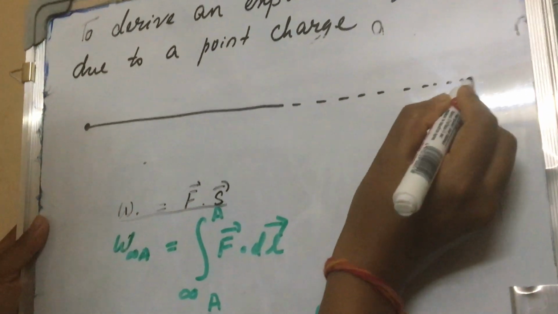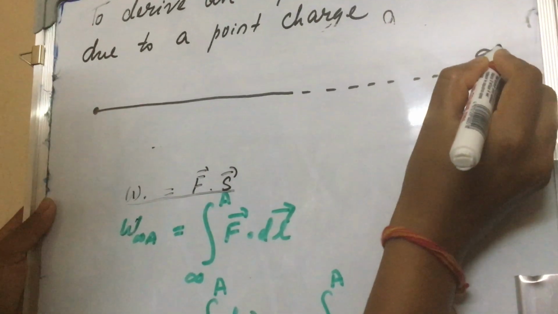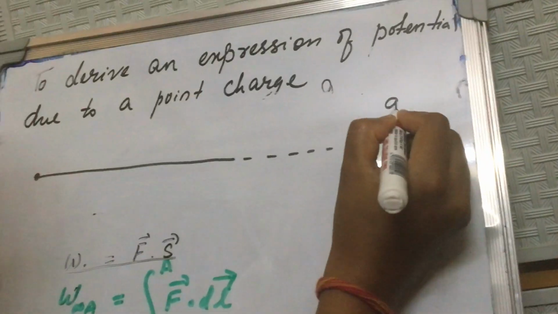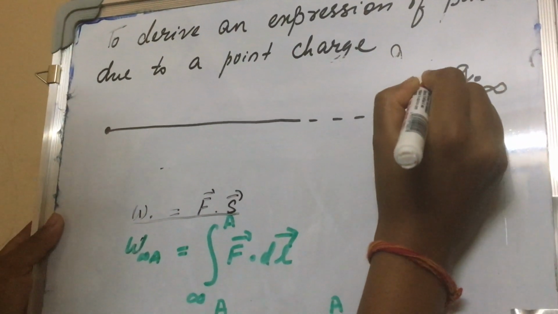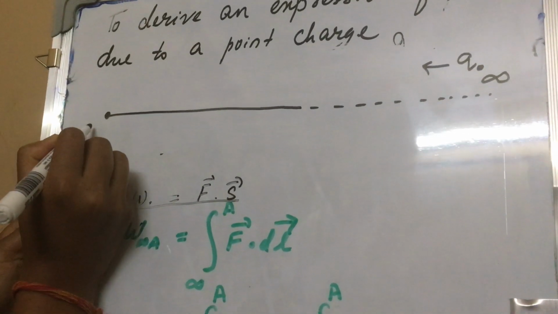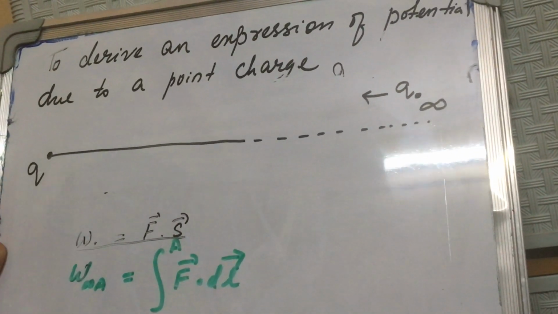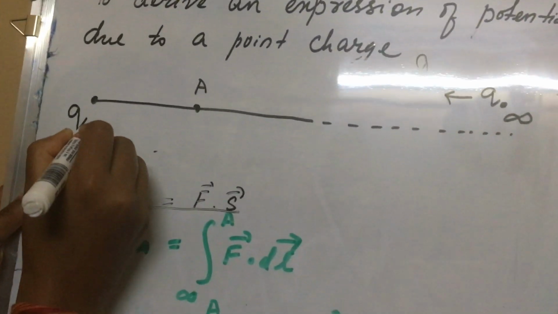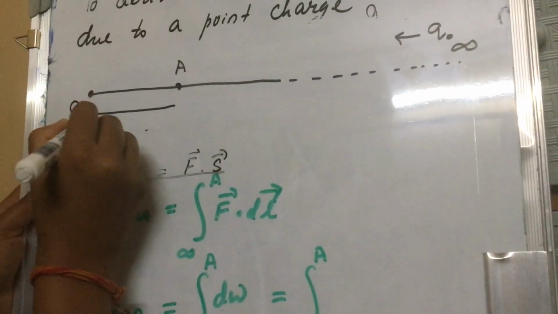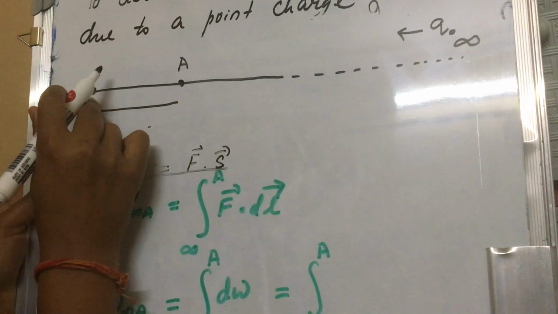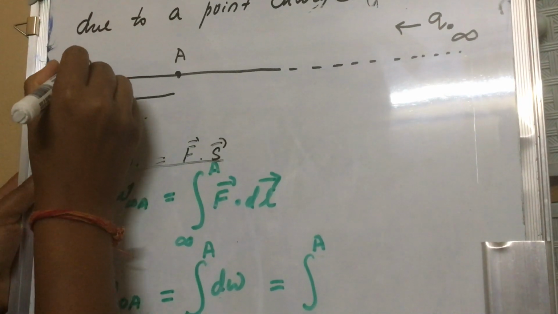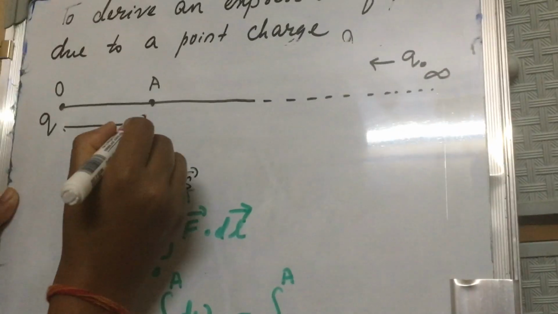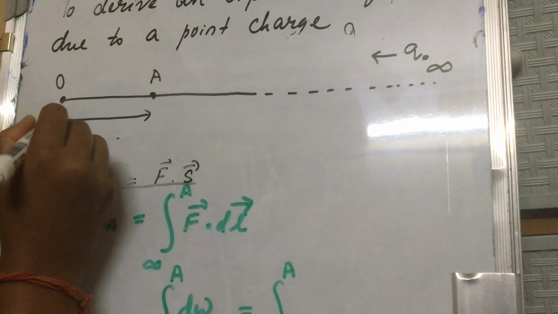I'll make it in a better way. So this is infinity. Q0 has been moved from infinity. This is in the field of Q. Let's say this is a point A. All the measurement is made from O. This distance is RA.